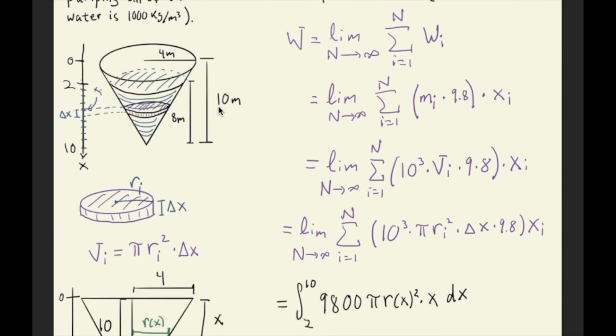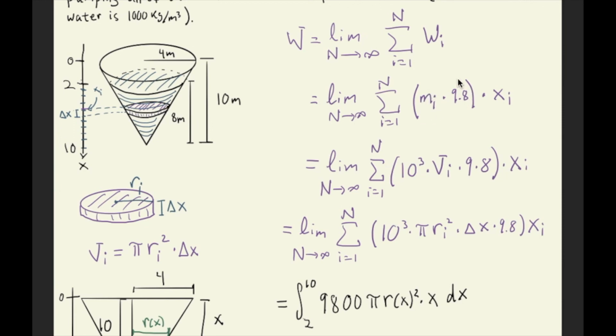The work for one slice is the force being acted on the slice times the displacement. If the slice is at coordinate xi, then the displacement is just xi here. And the force we use is the force of gravity, or since we're computing the work required, the force of gravity here will be negative because it's against the motion, but we're using positive to compute the work required to do this process.